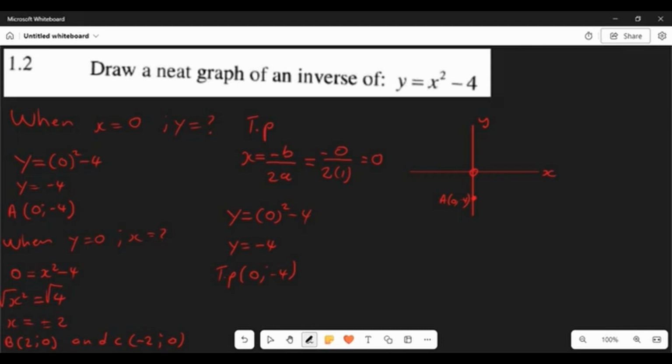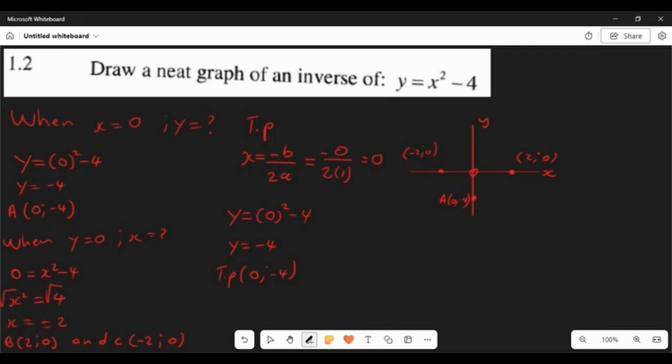Now it's time for us to find points B and C. Point B, we can say is this side here, where our x is 2 and our y is 0. And point C is this one here, where our x is negative 2 and our y is 0.